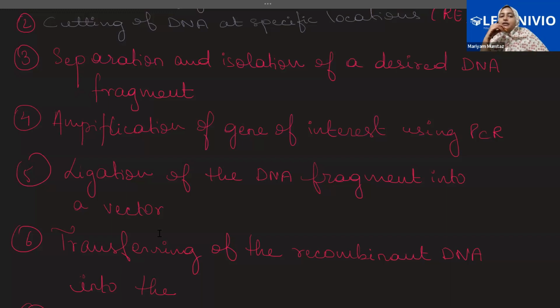So same thing, if we took out one part of the gene and we want to work with that, do you think it will be perfect and do everything in a perfect manner? It's not possible, right? So what will we do? We'll amplify that gene of interest. Amplification, you people understand how you amplify a sound, isn't it? While someone is playing music, you amplify the sound. Same way, amplification means increasing, making multiple copies.